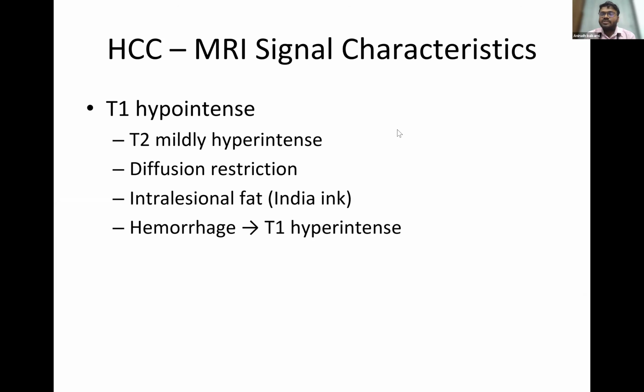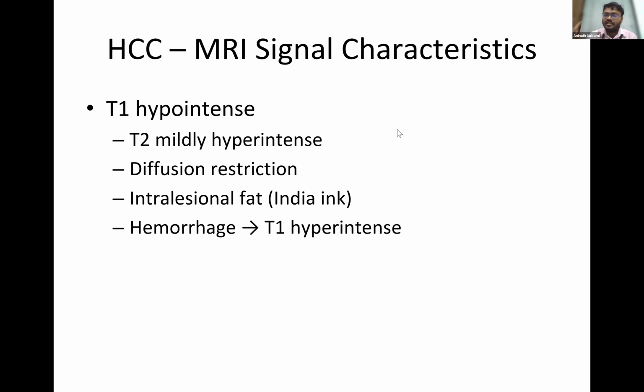But you will have seen cases like prostate MRI, in which T2 hyperintense nodules are benign. But in liver, it is opposite. In prostate, T2 hypointense is abnormal, malignancy. But here it is like this.